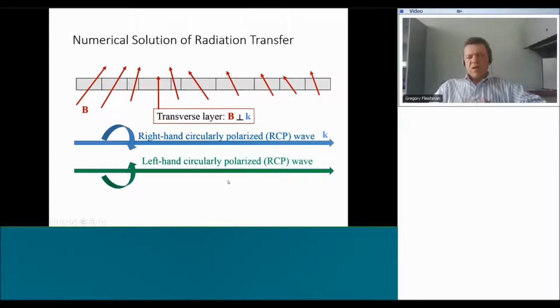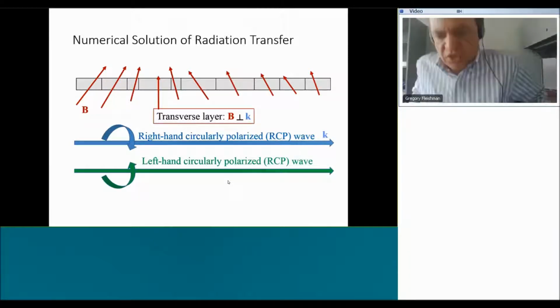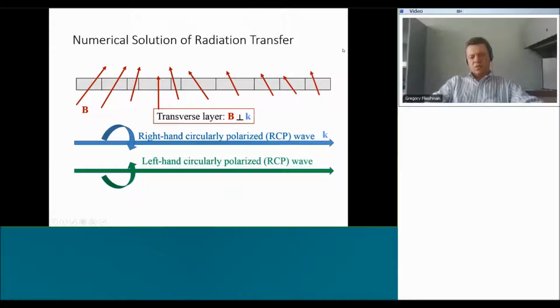So now let's jump to what is the most essential part of your project. As I already mentioned, Alice already developed a numeric code which describes how the emission is generated within one single uniform volume. Now the real situation is that our volume is non-uniform.